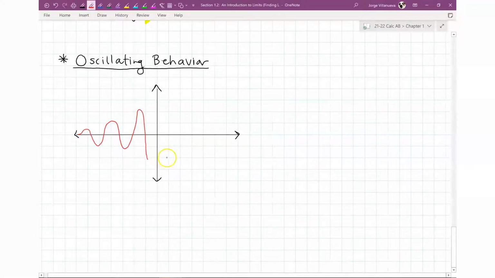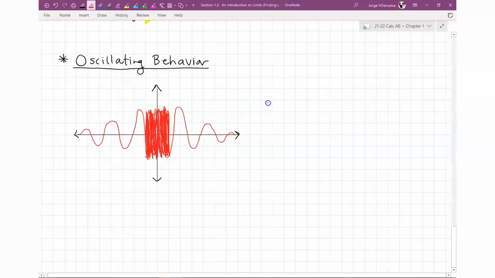Let me see if I can copy it over here. And then the middle is just going to look like this. Now I'm going to give you the function so you could actually graph it on your own calculator if you want to, so you don't think I'm exaggerating.